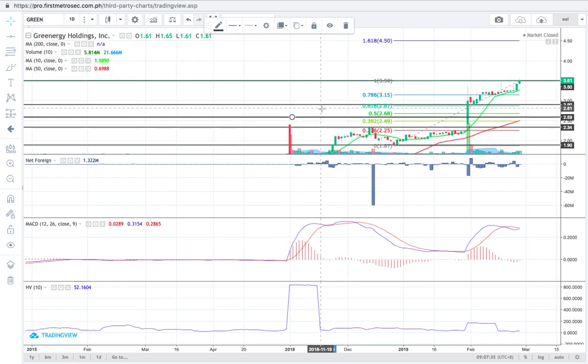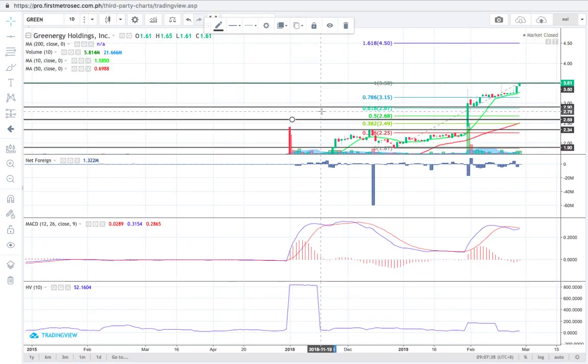That's what I do when I can no longer find historical resistance for the stock. I plot the Fibonacci extension, converting it from retracement to extension. Then I choose the 61.8% extension as the psychological resistance of the stock.